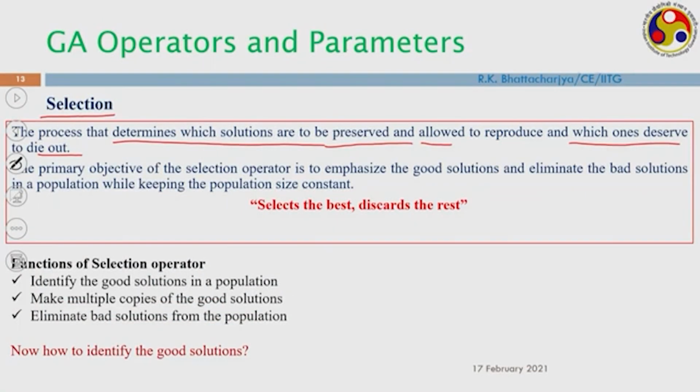The basic idea is: select the best, discard the rest. It will select the better solutions and discard the worse or inferior solutions. Now, what is the function of this operator? The first function is to identify the good solutions in a population.